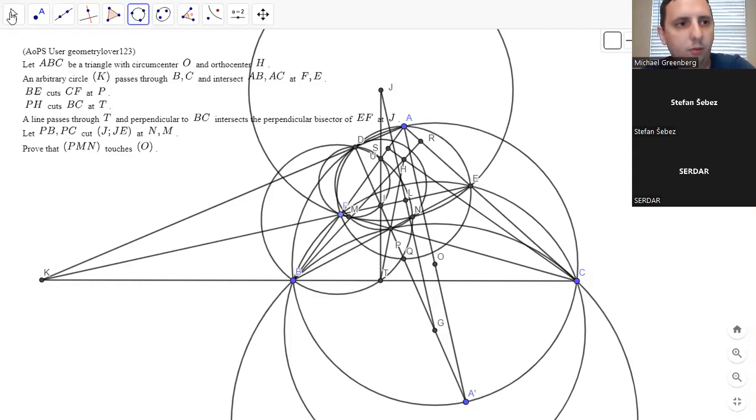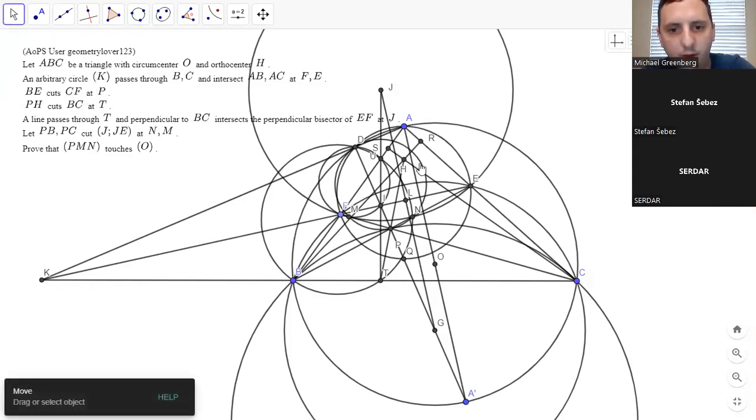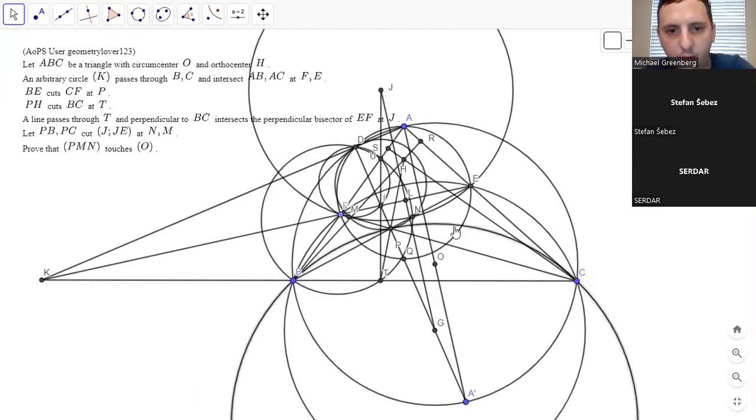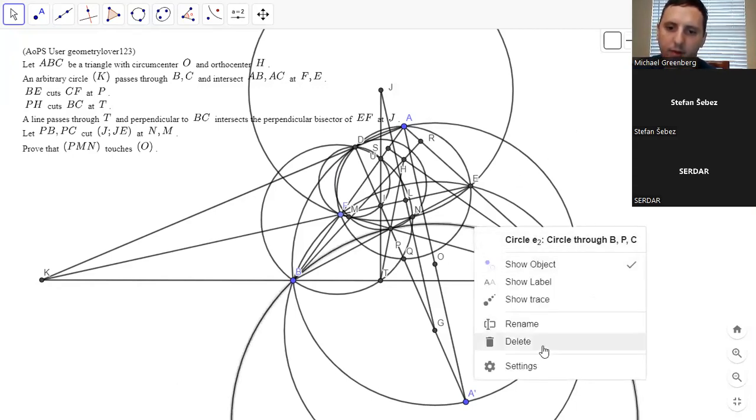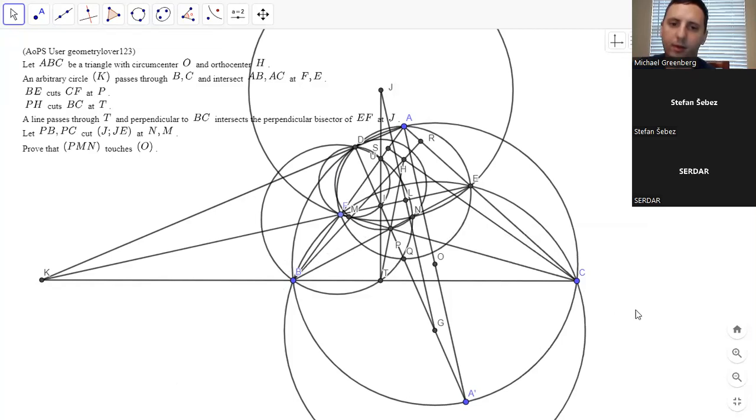Once we know that these two are tangent, does that prove that this is tangent to the whole thing? Yeah, because of the inversion, since P inverts to D. Okay, that makes sense. That's where we use that MN is parallel to BC.